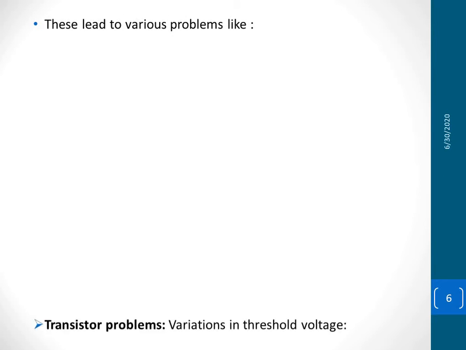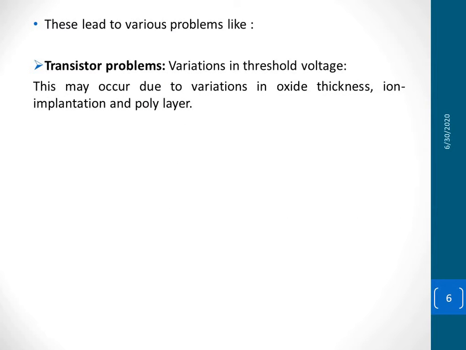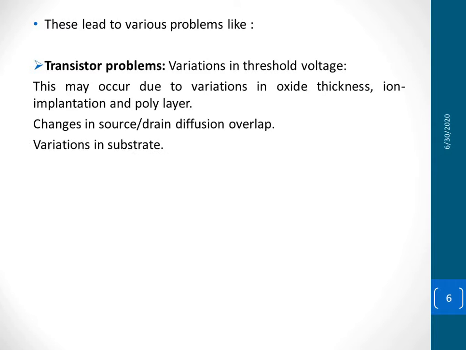These lead to various problems like transistor problems, which are nothing but variations in threshold voltage. This may occur due to variations in oxide thickness, ion implantation, and the polysilicon layer. Changes in source and drain diffusion overlap also may happen.